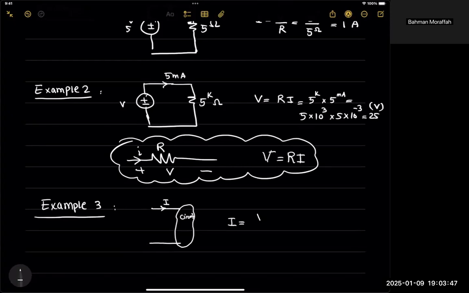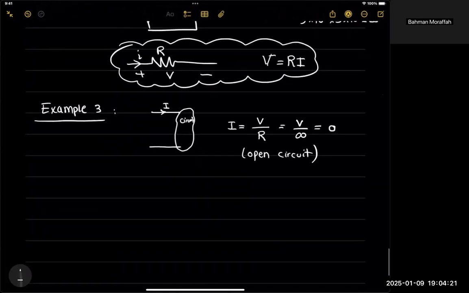Well, I know V over R would give me this I. But since this is open and there's nothing over there, it means my R is actually infinity. So it's V over infinity, and we know V over infinity is actually zero. This is called open circuit. So whenever we're talking about open circuit, what it means is that we have infinite resistance, and therefore there is no current passing through it, right?